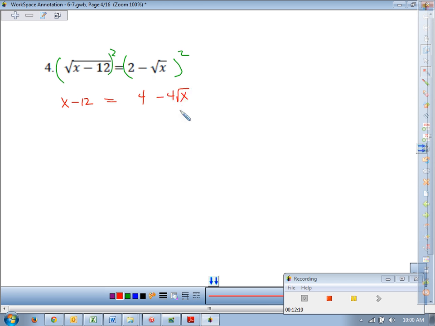And then if I square the last guy, what do you get? Plus x, or minus x. Which one? Plus. You take a negative square root of x times a negative square root of x. It's going to turn out to be positive x. Good deal? Is there still radicals involved? Let's isolate this radical.